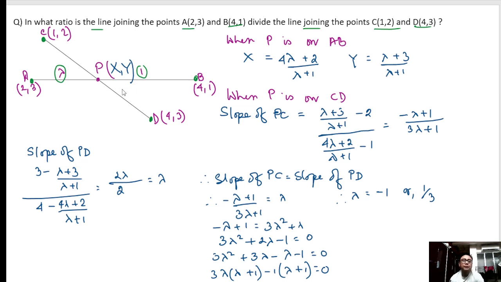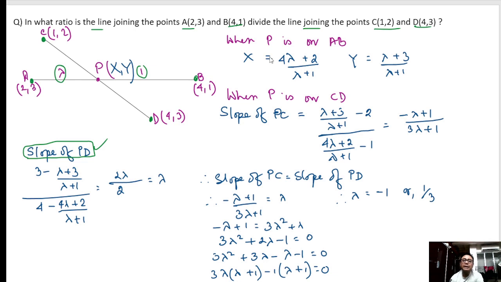Okay. So first of all, we can find out the slope of the line PD. Watch here. Let P divide the line AB in the ratio lambda is to 1.